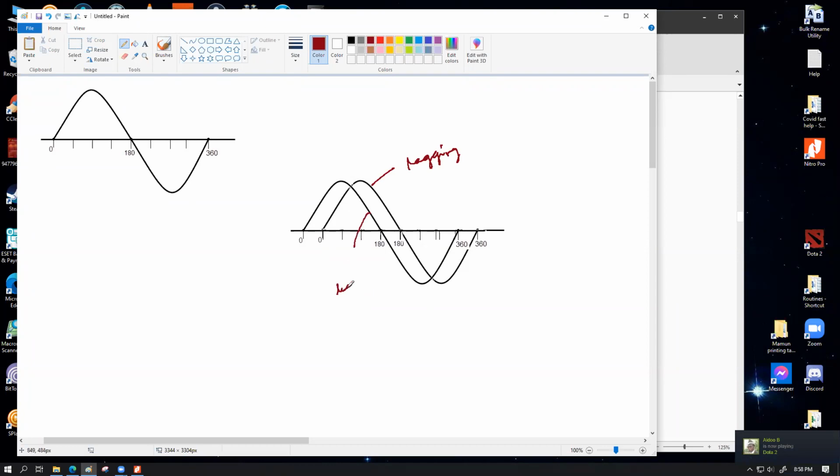I'll tell you why this is happening. The leading wave is the wave that is produced from the source earlier. The lagging wave is the one which is produced from the source later. So the terms leading and lagging are relevant with respect to the time instance at which those two waves are produced.